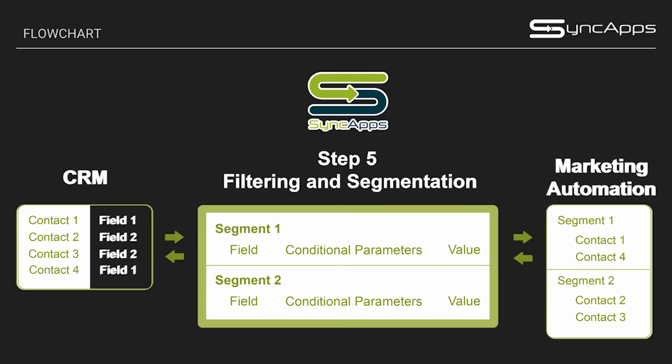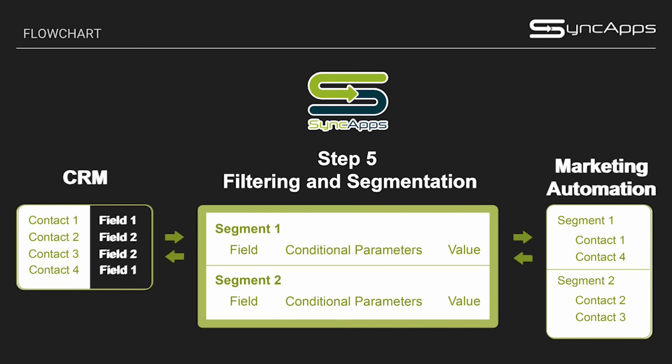Again, taking a look at the flowchart for filtering and segmentation, let's say you have a CRM and you have 4 contacts in your CRM database. You have a specific field where the values are field 1 and field 2.